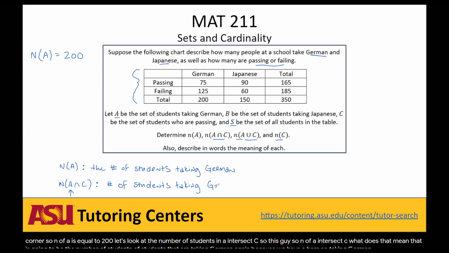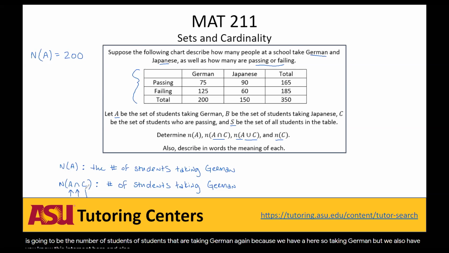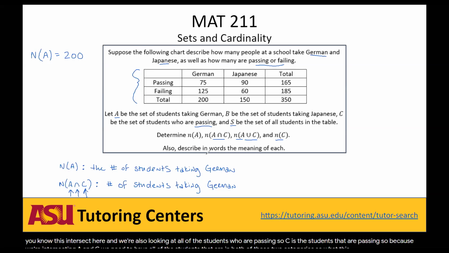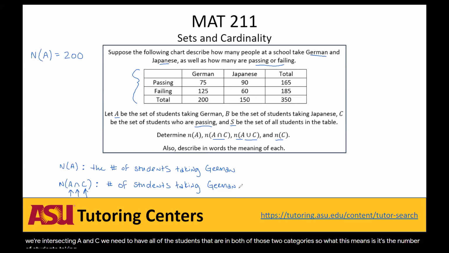But we also have this intersect here, and we're also looking at all of the students who are passing. So C is the students that are passing. Because we're intersecting A and C, we need to have all of the students that are in both of those two categories. So what this means is it's the number of students taking German who are passing.